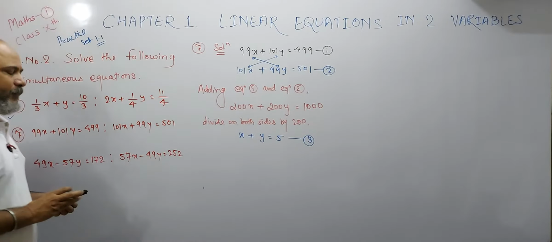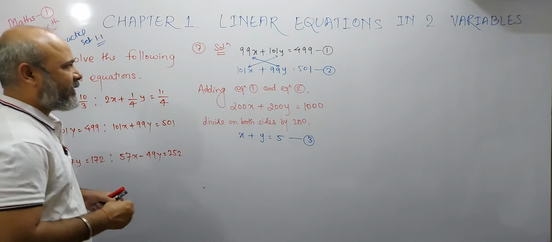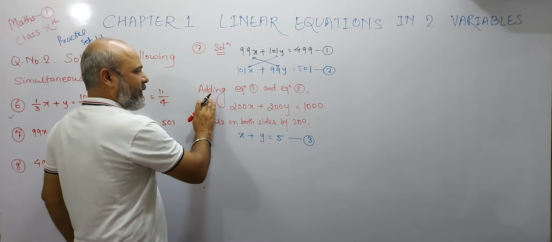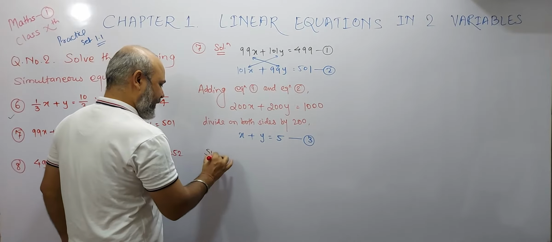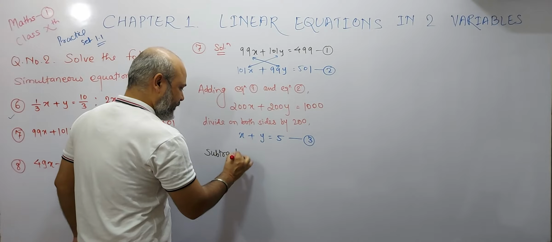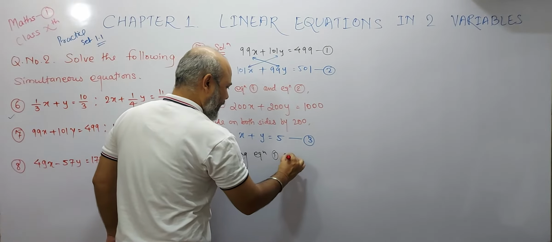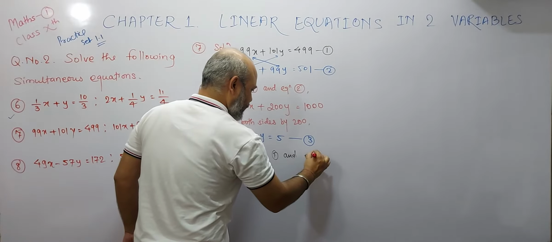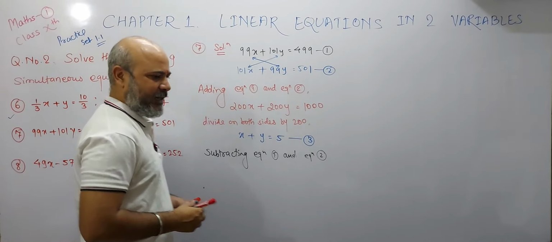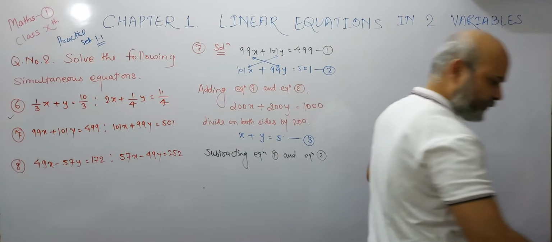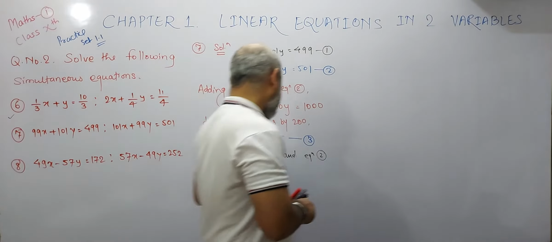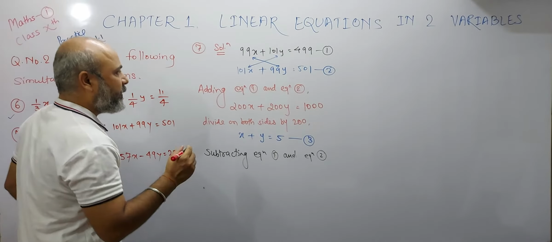Now second step, what you will do, you are going to subtract. This is the first step, adding. Now you are going to subtract equation 1 and equation 2. So how will you subtract? Write down again.